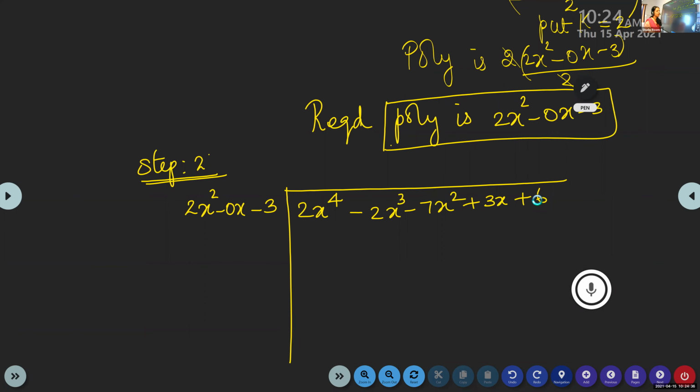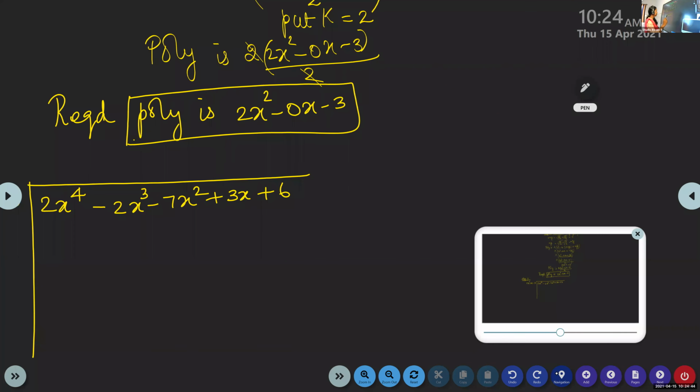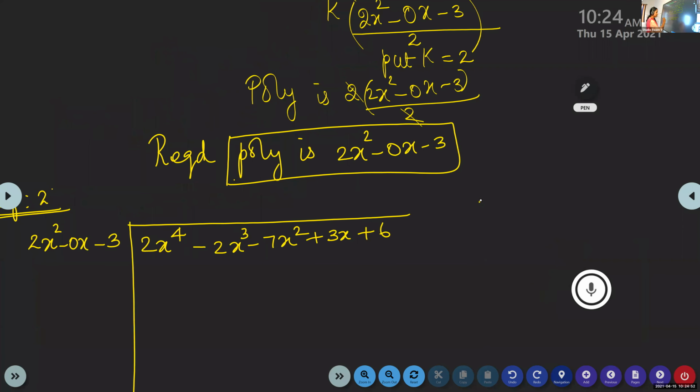So here, what will we do? We want to find the quotient, isn't it? How will you find the quotient? What is the first term of the dividend? It is 2x raised to 4, divided by the first term of the divisor, 2x square.